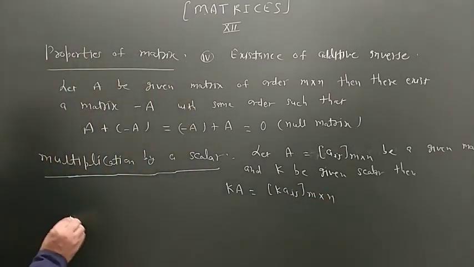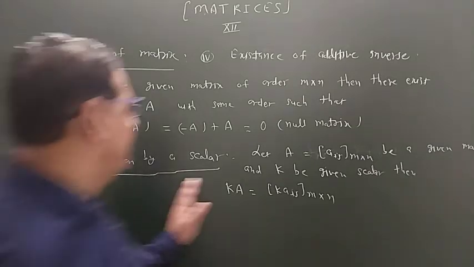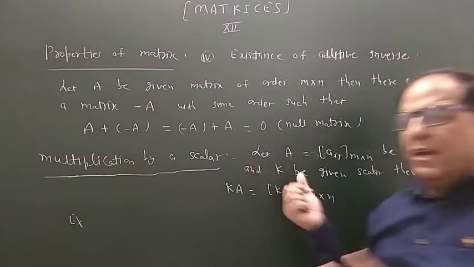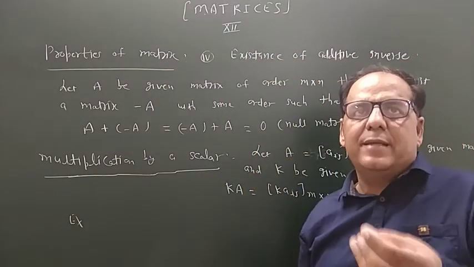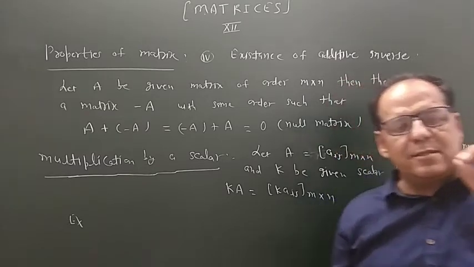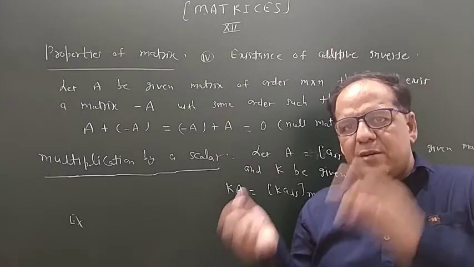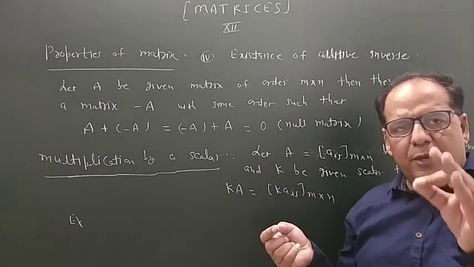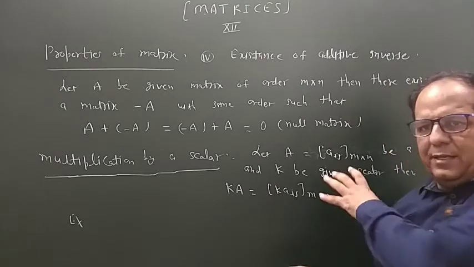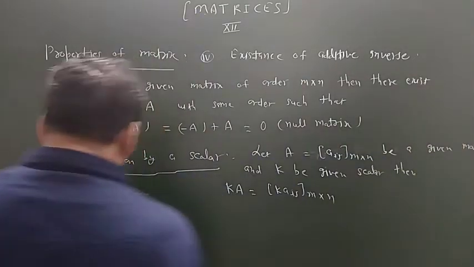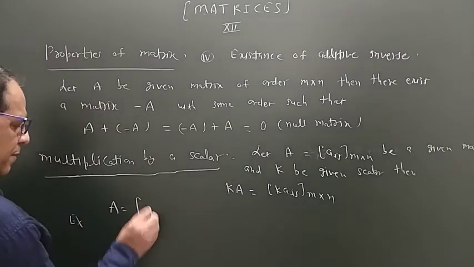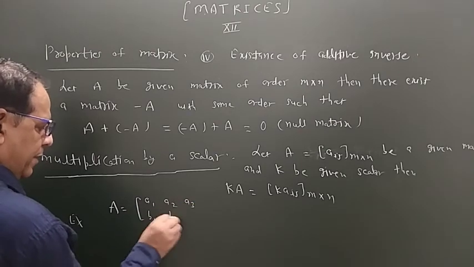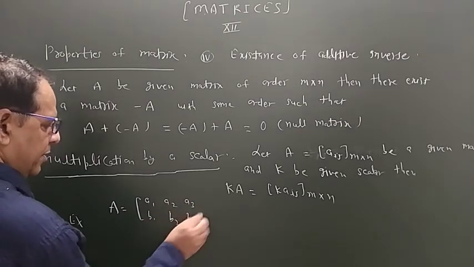For example, when a matrix of any order is given and we want to multiply by any scalar, this scalar multiplies with each element of the matrix. Here we take an example. Suppose A equals A1, A2, A3, B1, B2 and B3.